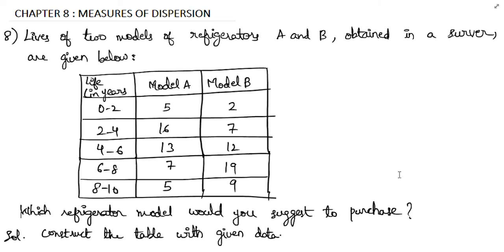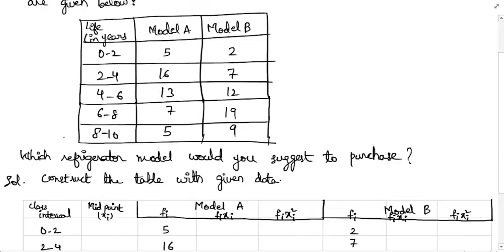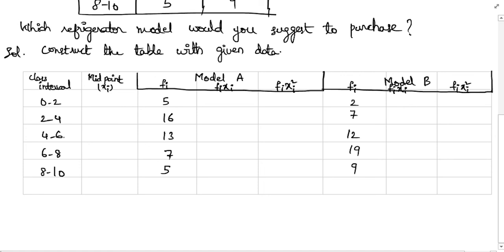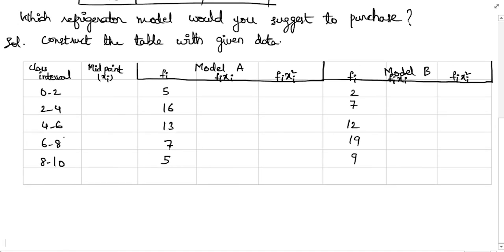Okay, so for that, first I have constructed a table already, and I have written the class interval and frequency also. Now we will find the midpoint, that is 1, 3, 5, 7, 9. Fi into xi here will be 5, 48, 65, 49 and 45.